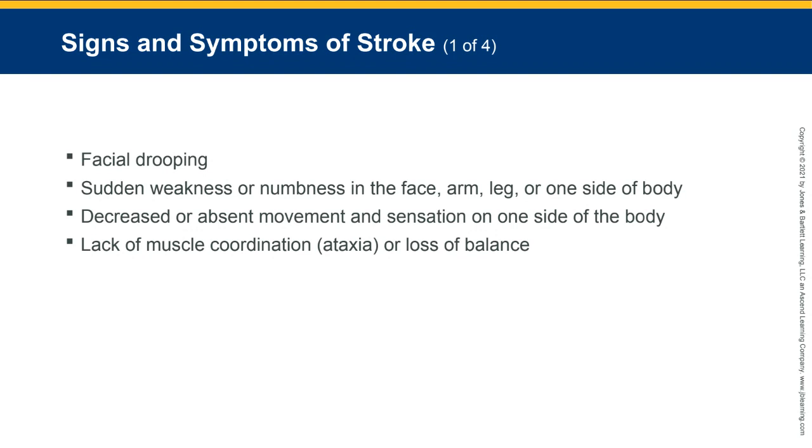Arm drift, you ask them to extend the arms out with the palms up with the eyes closed. They will either be able to do it or the side that the stroke is affecting will not move or it will be weak. And speech, you give them a simple phrase to repeat.